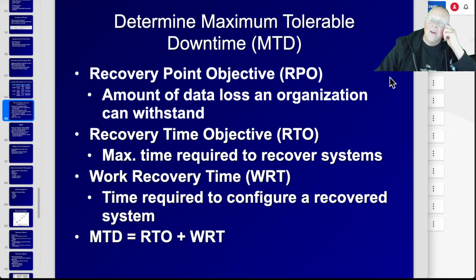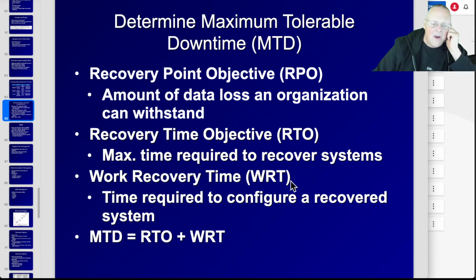So here's how your maximum tolerable downtime is related to other measures of time. The recovery point objective is how much data you recover after a disaster. If you only back up once a week, then your backup might be a week out of date. So your recovery point objective is a week. You might have to redo a week's worth of work. Your recovery time objective is how long it takes to recover the systems.